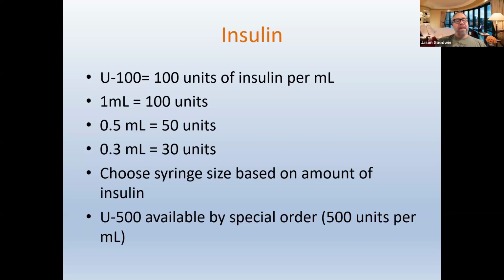Okay, there is one that's 500 available by special order, but most likely you're not going to be giving those. So anytime you're giving insulin, it's in units and oftentimes it's less than 10. So just be aware that's a very sensitive medication to give. The dosages are very small. So if you have a dosage that's high, that's an indication that you might need to double check it.